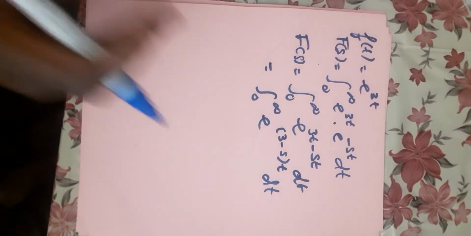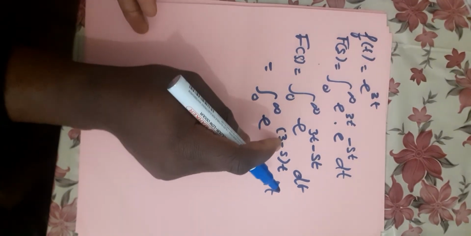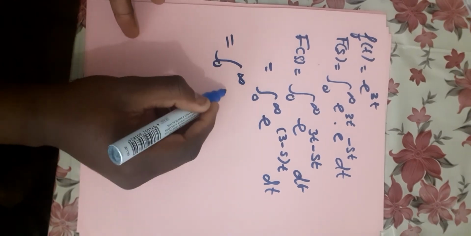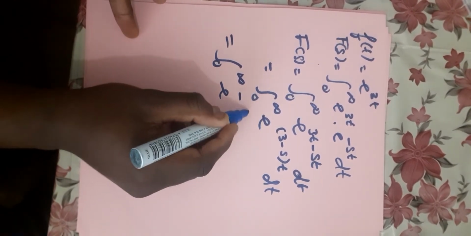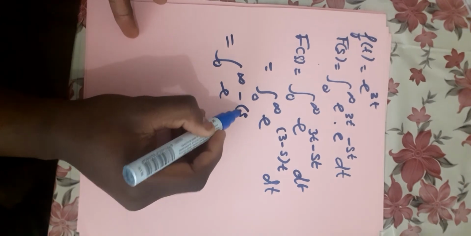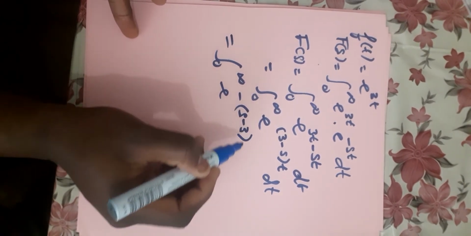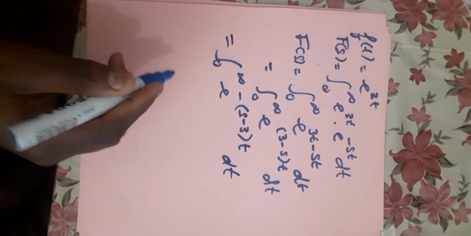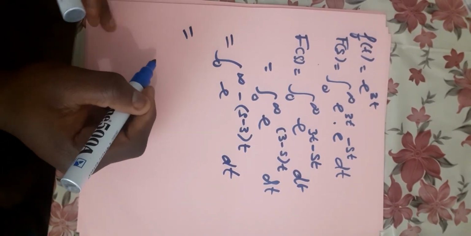So you must write it in a way whereby you have minus something times t. So here we have to factorize minus. If I factorize minus, everything becomes so simple. Look at this. I put minus outside, then I'm going to have s minus 3, times t. With this, things are so simple and easy.